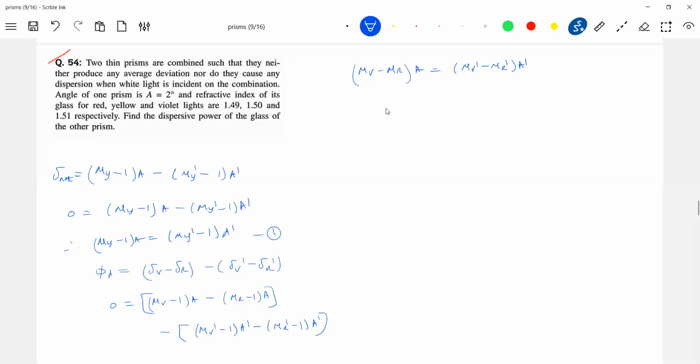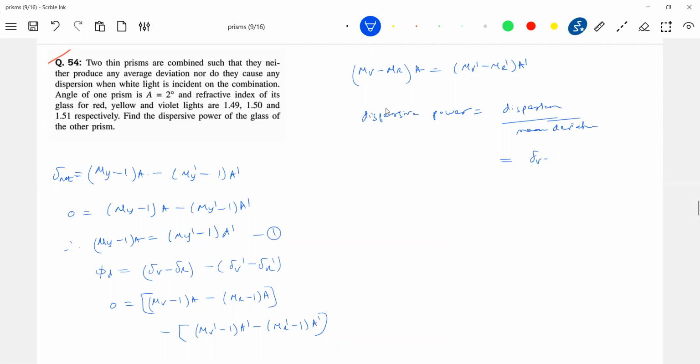This much is there. What is the dispersive power? Basically, mean dispersion by mean deviation, that is the dispersive power. I'll write down the formula. Dispersive power is equal to dispersion by mean deviation.